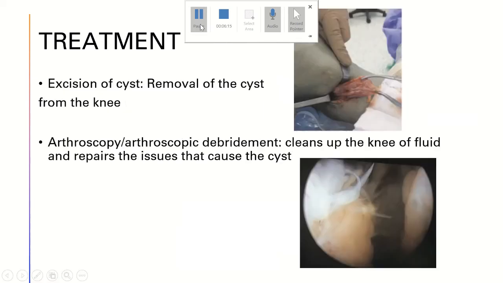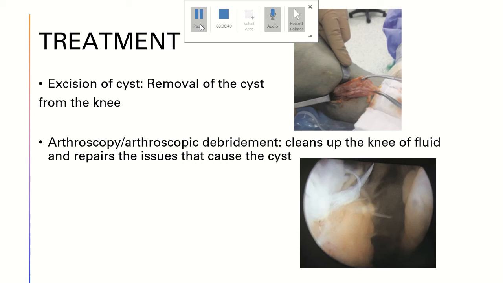If the cyst is bad enough, then you can remove the whole cyst, and you can also have an arthroscopy or arthroscopic debridement of the knee, which cleans up the knee of fluid and repairs the issues that cause the cyst, whether it be a meniscus or an ACL tear.